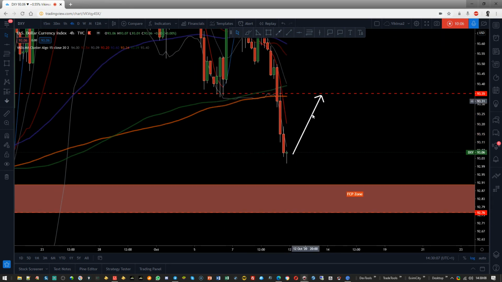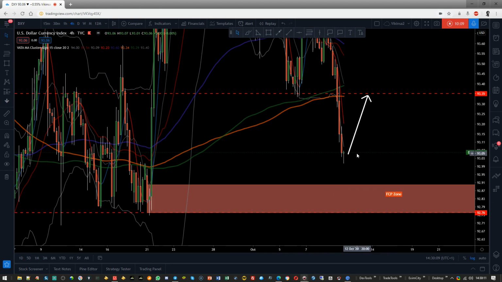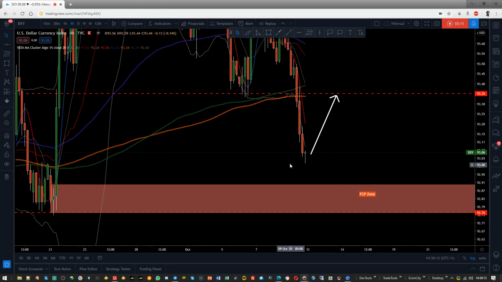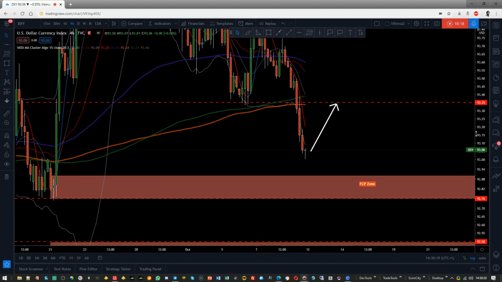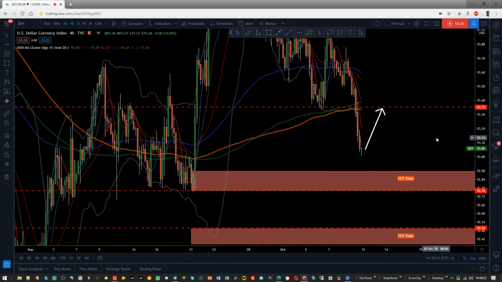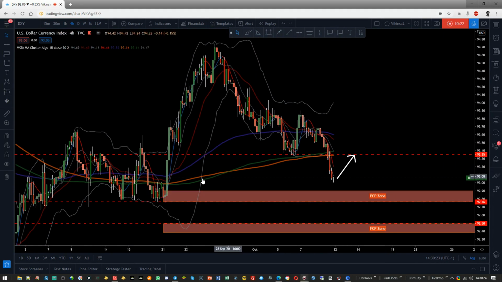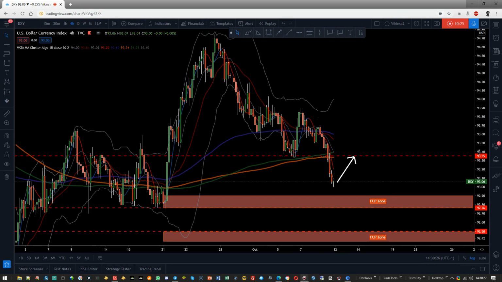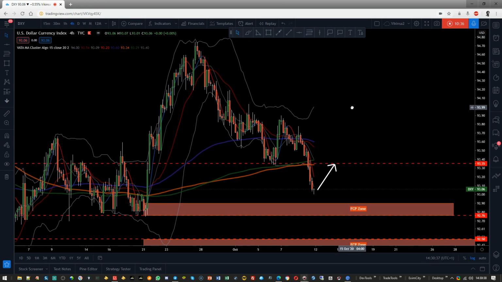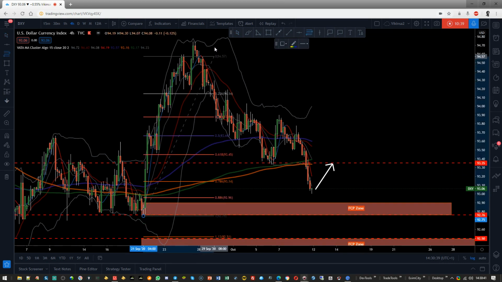I'll be very careful if it starts to go there, because I will wait for a proper confirmation before I take a long trade into this level, which also coincides nicely with the midpoint of this entire M pattern. And the reason behind that is that although this M pattern has been completed, I think the better level is around here. So it is possible the market may come into this zone and then start to move upwards. That is quite a possibility.